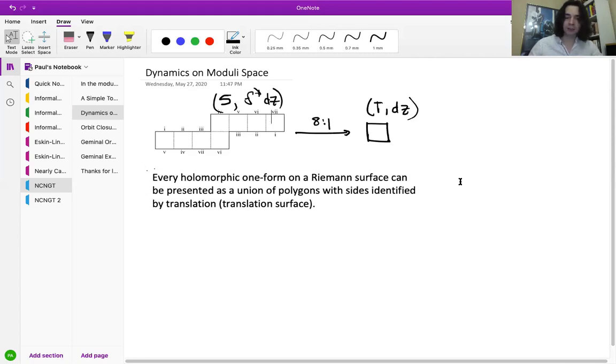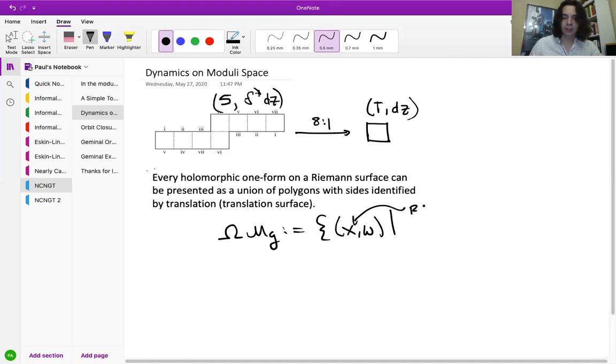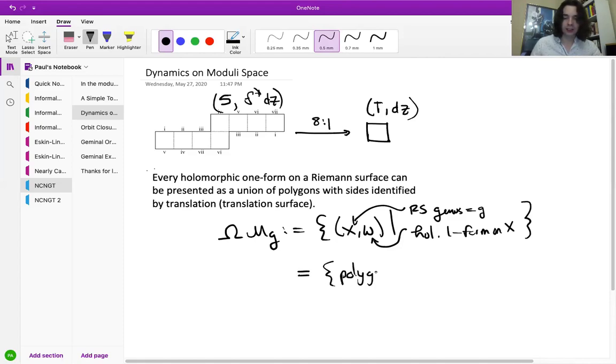So this perspective is quite powerful. If we say that omega M_g is going to be the collection of all Riemann surfaces X and holomorphic one-forms omega, so if you like, this is a Riemann surface, and we'll say its genus is g, and this is a holomorphic one-form on X, then this is the same thing as polygons in R2 with sides identified, I won't write it all out, by translation.